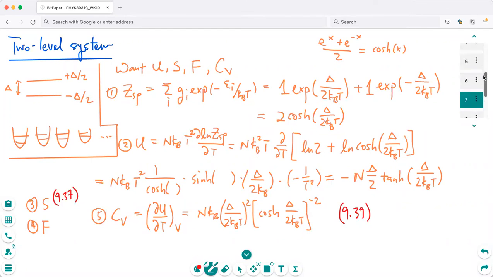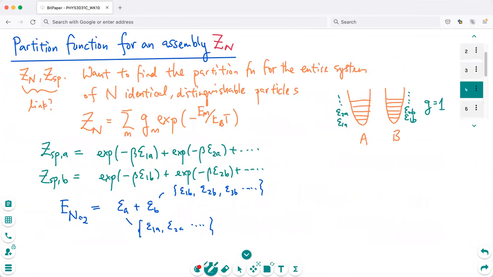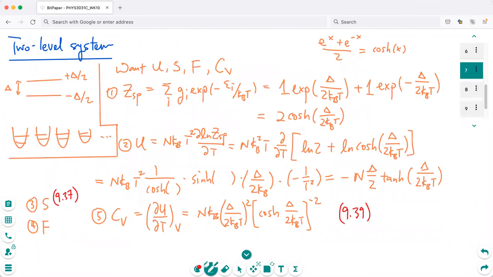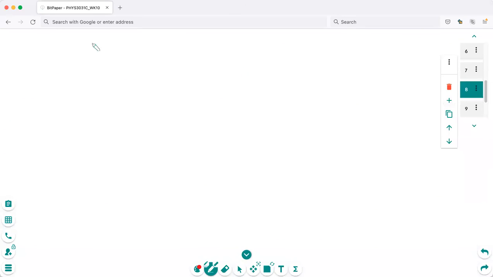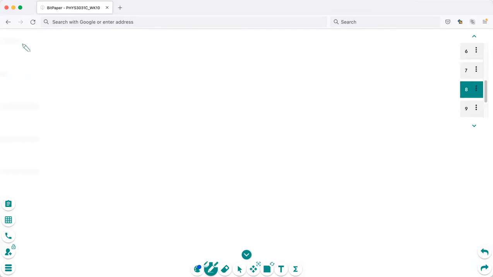Again, two-level system. Okay, here we go. It's not too bad. All right, so I want to talk about spin half. I will set up the problem and then we take a break.